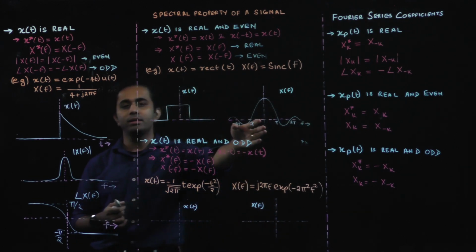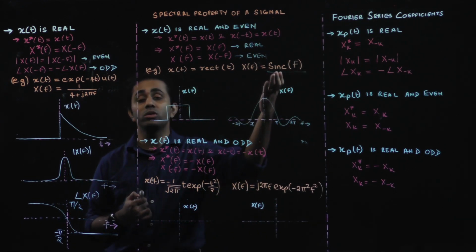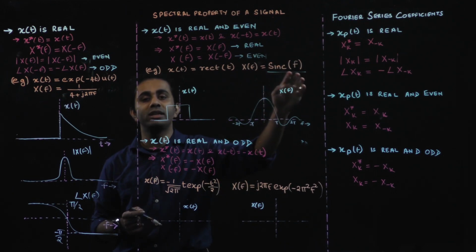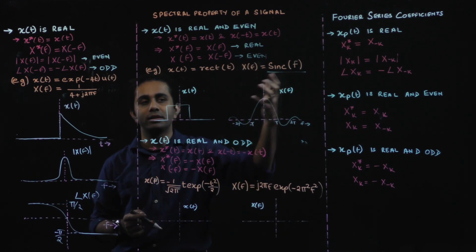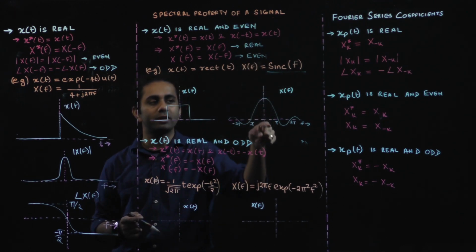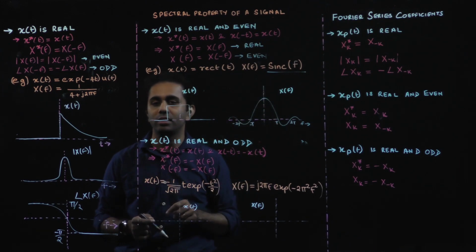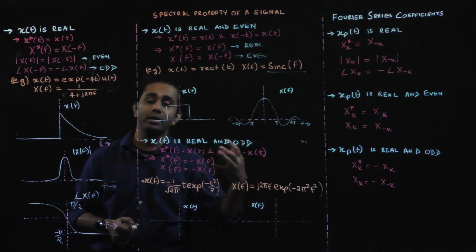Now looking at this signal, we know that it is a real signal. There is no j term or e raised to j phi term with your sinc function here. So we know that is going to be a real signal here. If you look at the spectrum of this signal now, you can say that this has even symmetry here.